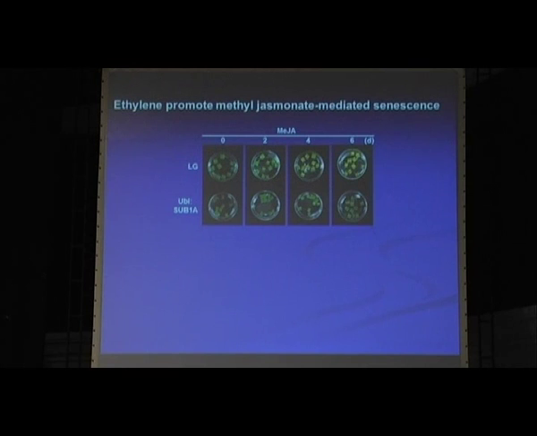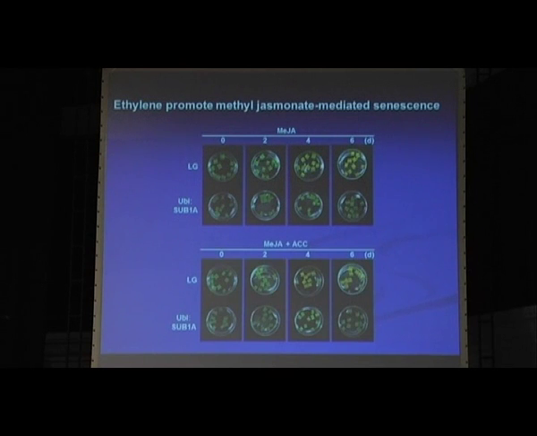And we also tested the effect of methyl jasmonate on leaf senescence. Application of this hormone decreased chlorophyll content in the wild type, especially. And this is the methyl jasmonate plus ACC experiment. Addition of ACC promoted leaf senescence induced by methyl jasmonate.